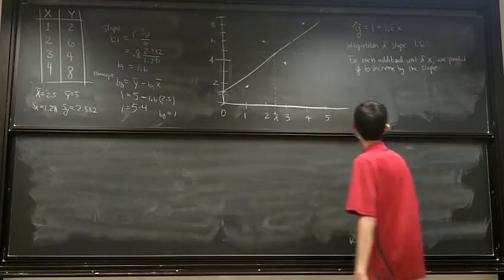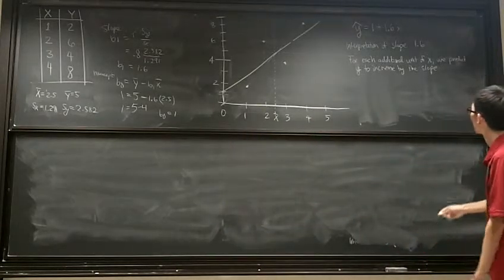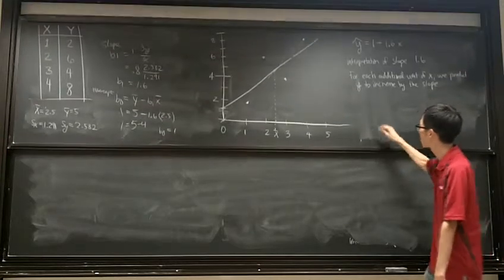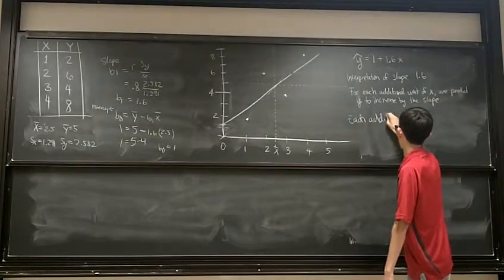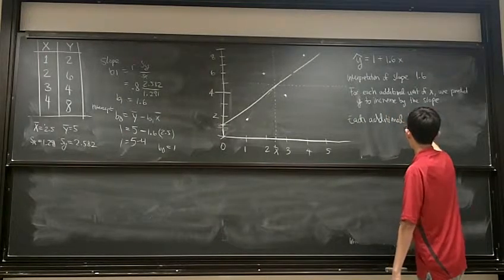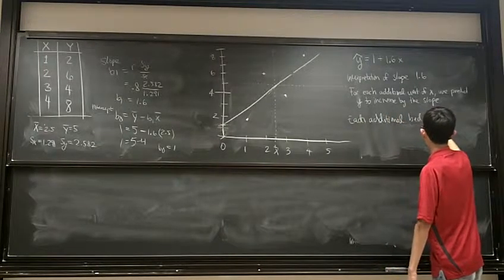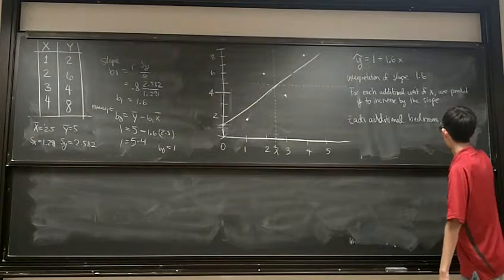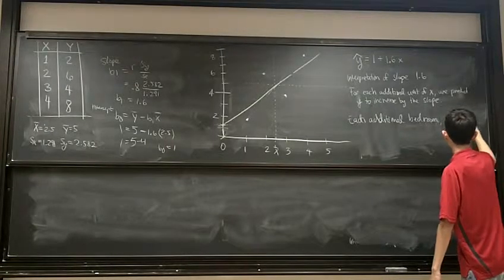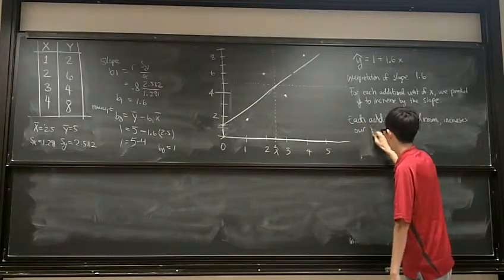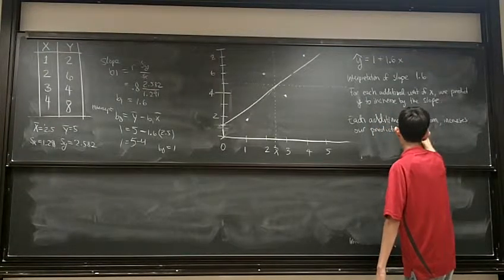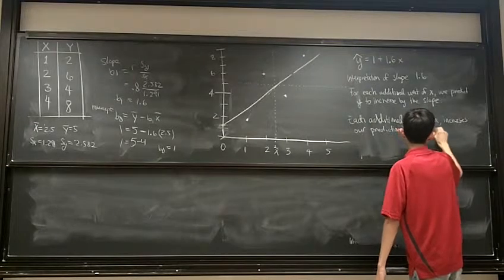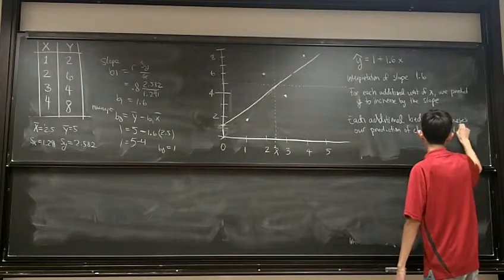Alright, so that is the interpretation of the slope. So here we would say each additional bedroom increases our prediction of closets by 1.6.